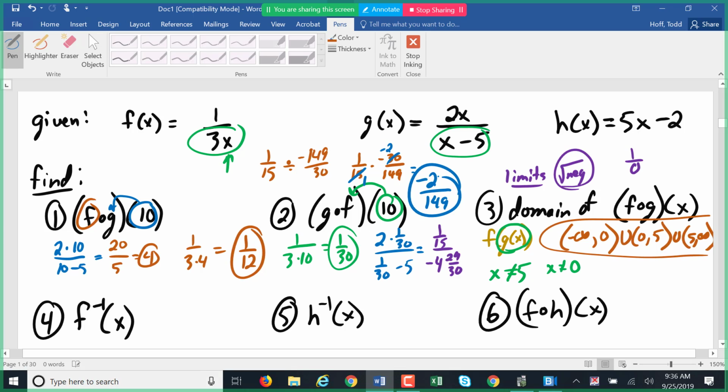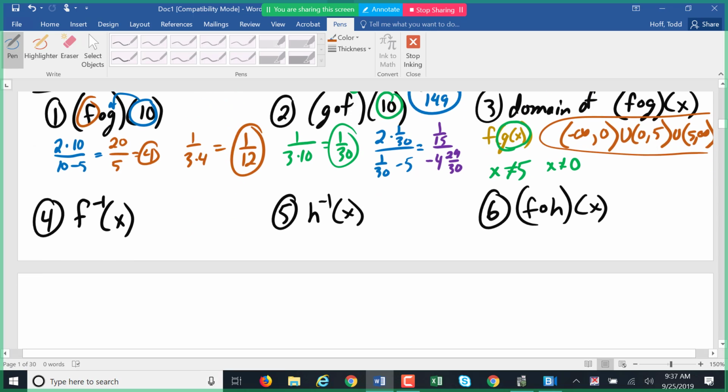That's saying we exclude 0 and we exclude 5. We could do a similar process, by the way, to find the domain of G composite F. We would look at F first to see what limits X there, and then we'd look at G of X to see what limits are values from F that can't be put into it.